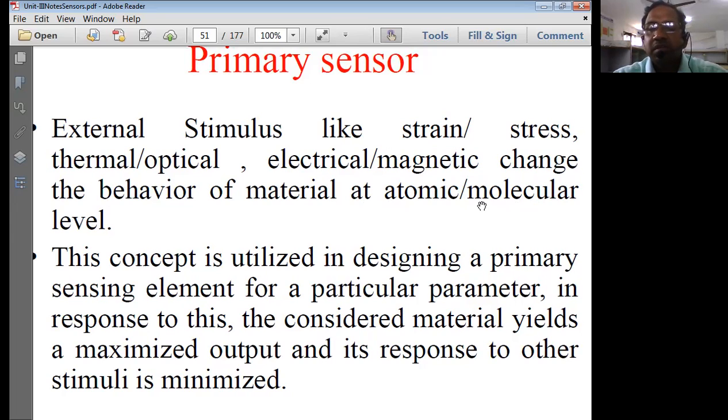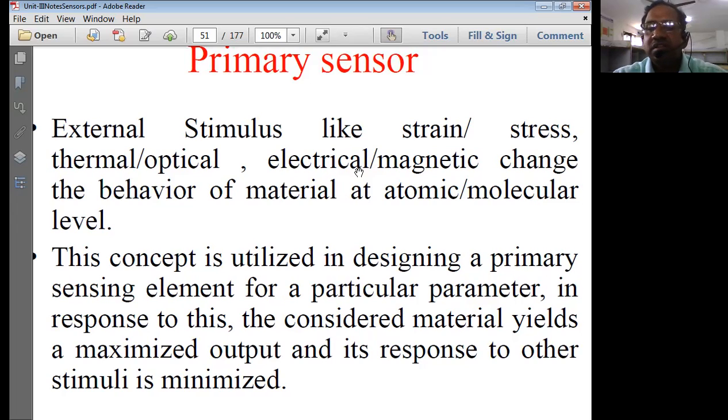The basic definition of a sensor is applied to the primary sensor. The only thing is that the behavior of the material gets changed based on the input stimulus in the case of the primary sensor. We don't explicitly say that it gives electrical energy. In the case of a transducer, we can always say that.